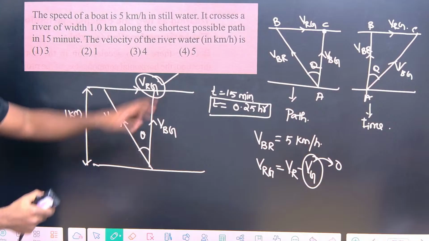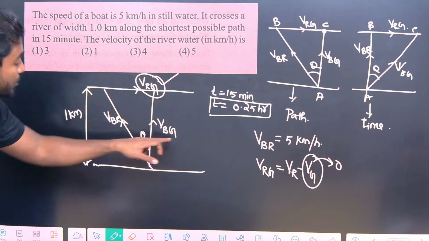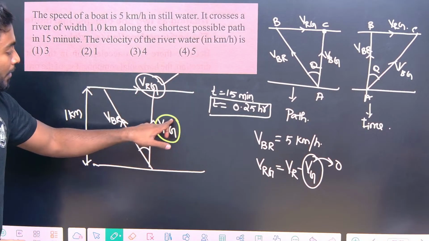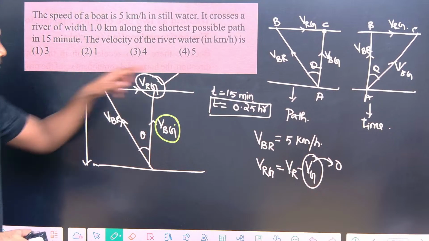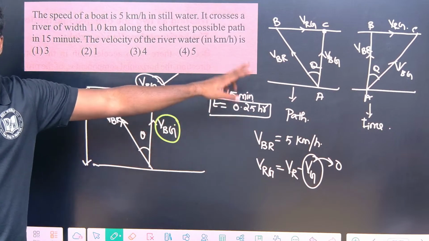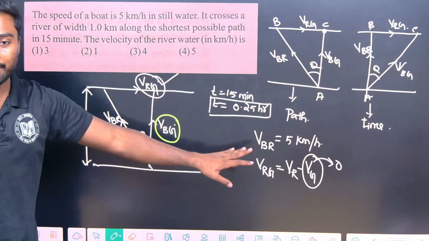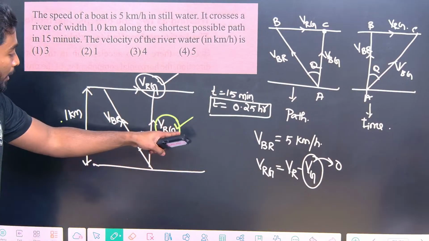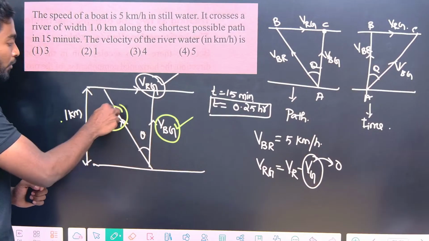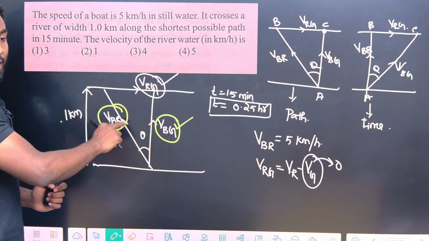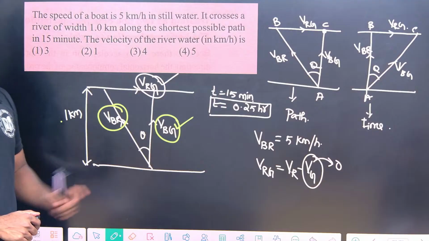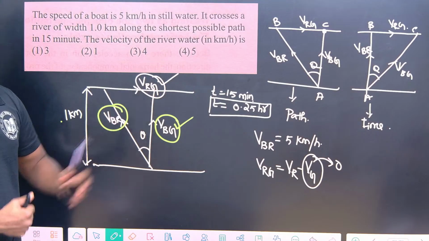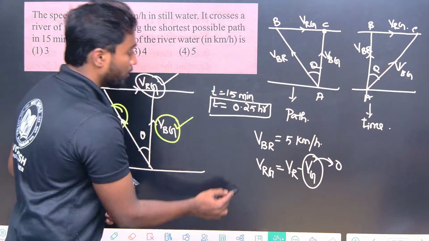They are telling that it's the shortest possible path, so I should consider this velocity. For this velocity, this is my distance and this is my time. We know velocity is displacement by time, so I can find this velocity. Already they have given this velocity, so using these two, I can use the hypotenuse theorem and find the velocity of the river. Can we do it now?